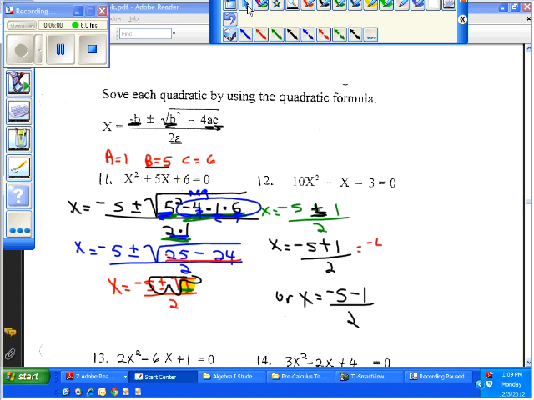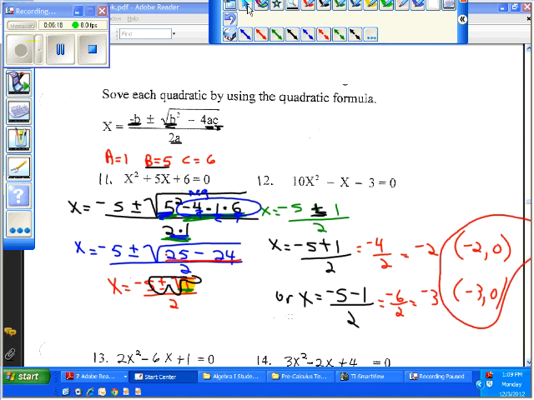Negative 5 plus 1 is negative 4 over 2 is negative 2. Negative 5 minus 1 is negative 6 over 2, which is negative 3. Remember, those are the values of x when y equals 0. They are the solutions to the quadratic, the zeros of the quadratic, the roots of the quadratic, the x-intercepts of the graph.